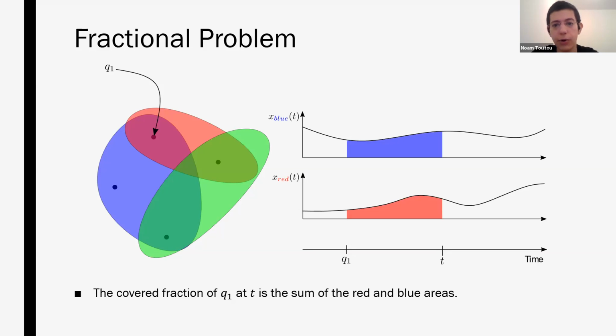If we want to know the covered fraction of Q1 at some future point in time t, that is, which fraction of Q1 has been served by the algorithm thus far, what we need to do is integrate over the buying functions of the sets containing the element of Q1, and then sum over those. So the covered fraction of Q1 at t is the sum of the red and blue areas.